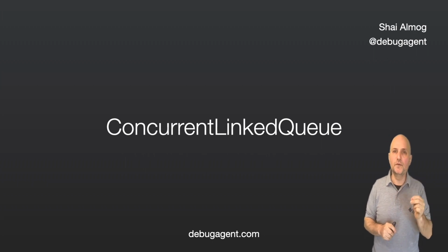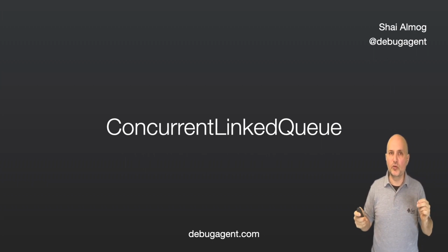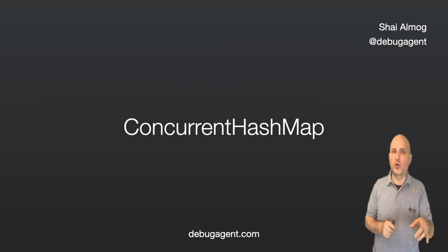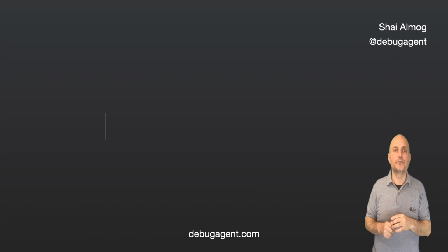There are several additional concurrent collection classes in Java that are designed for use in multi-threaded environments. Here is a brief overview of some of the most used concurrent collections. ConcurrentHashMap is a thread-safe implementation of the Map interface that uses a hash table data structure to store its elements. It is similar to the HashMap class, but it uses locks to ensure that only one thread can modify the map at a time.